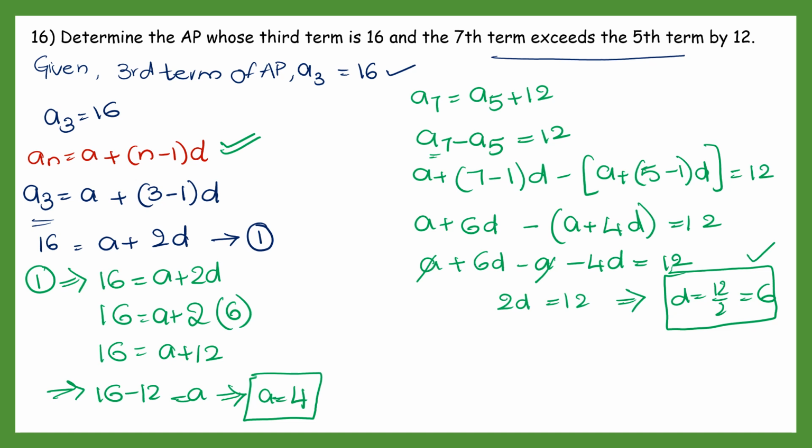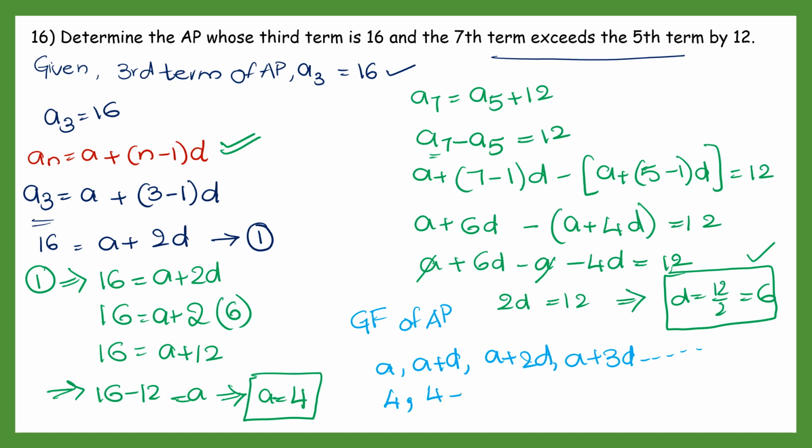Yes, we know the general form of an arithmetic progression. The first term is a, the second term will be a plus d, the third term will be a plus 2d, the fourth term will be a plus 3d and so on. So the first term is a, that is 4.